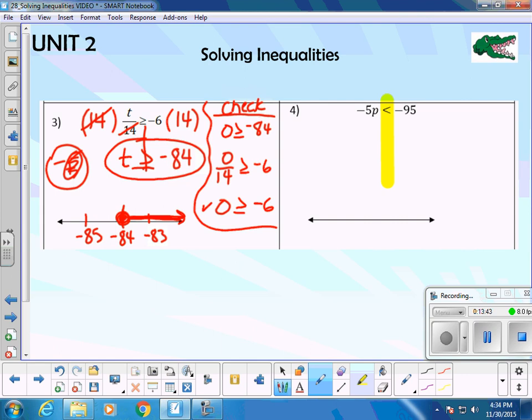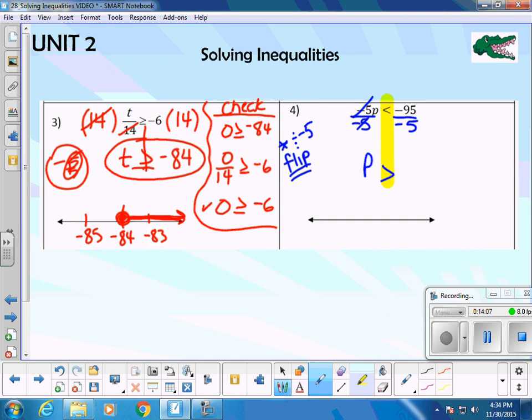To solve this, I have to use the inverse operation, which is division. I'm dividing by -5. Ooh, I'm dividing by a -5, so I have to flip my sign. So instead of less than, it's now going to be greater than. These cancel, and I'm left with just p.